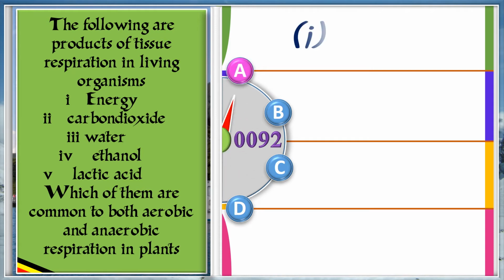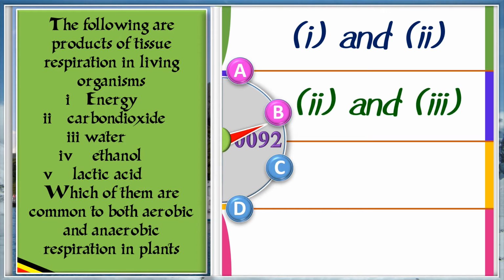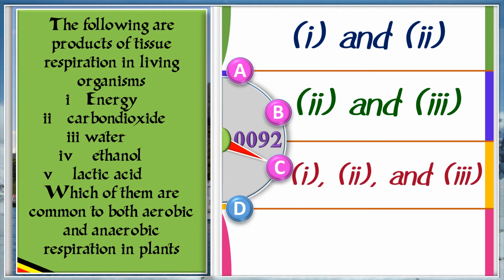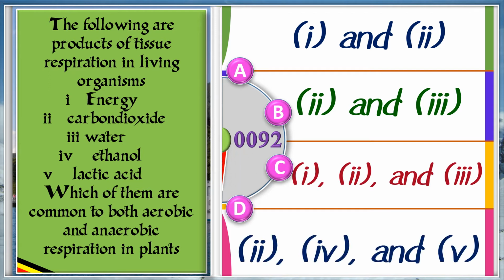A. 1 and 2. B. 2 and 3. C. 1, 2 and 3. D. 2, 4 and 5. And the answer is A. 1, energy, and 2, carbon dioxide.